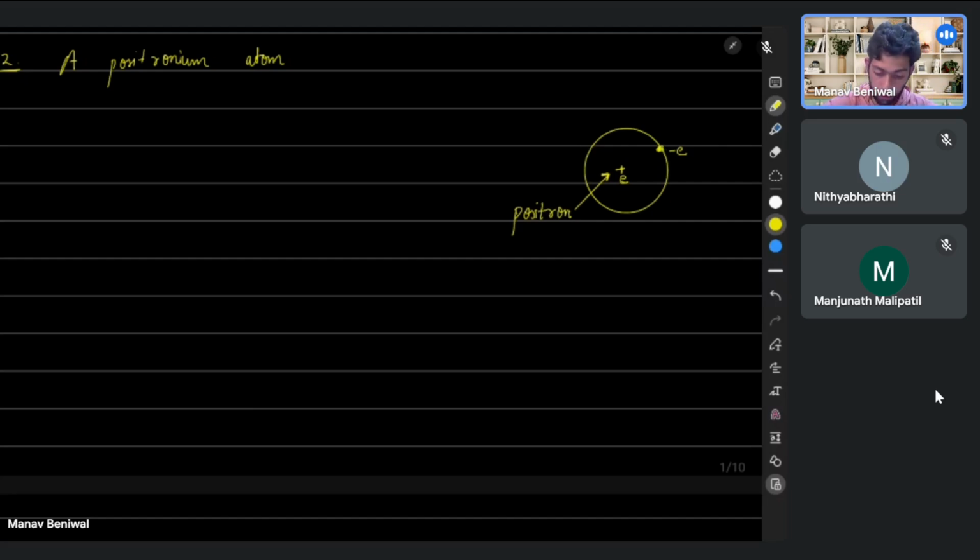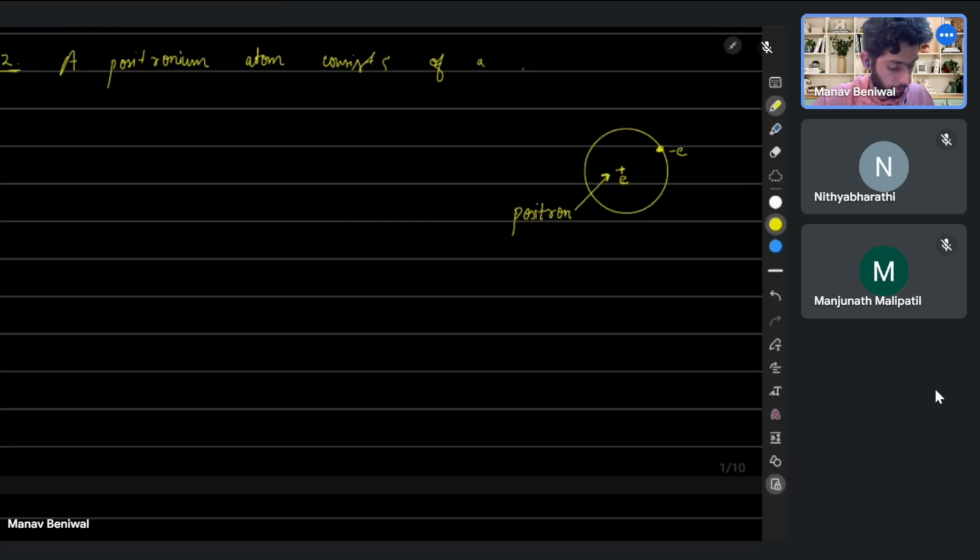So this is your positronium atom. A positronium atom consists of a positron and an electron.